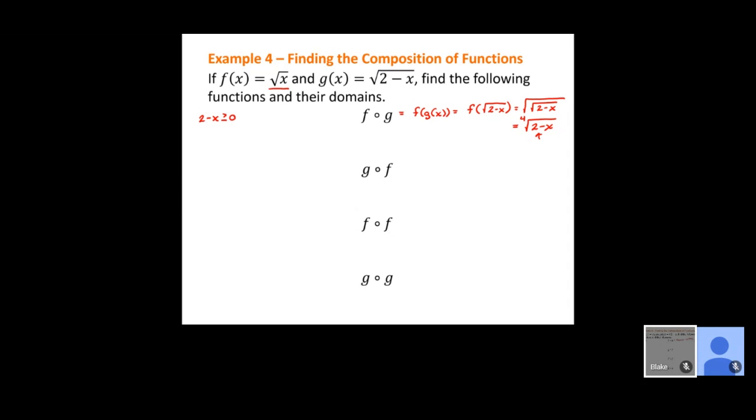Now we also need to look at the inside function, right? This time the inside function was g of x. So looking up here at g of x, are there restrictions on the g of x function?